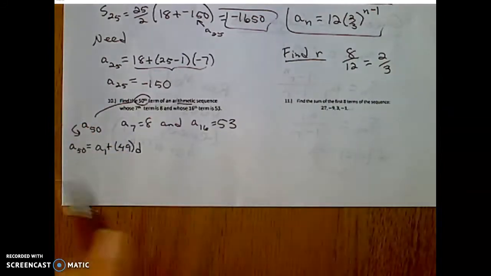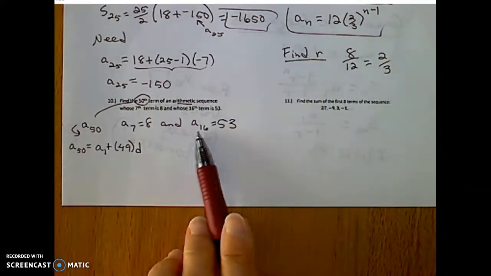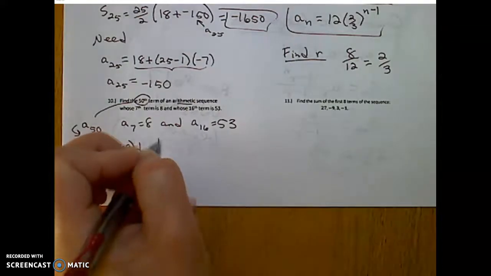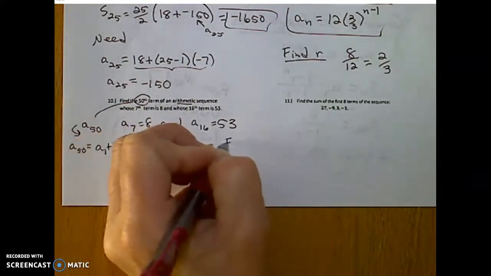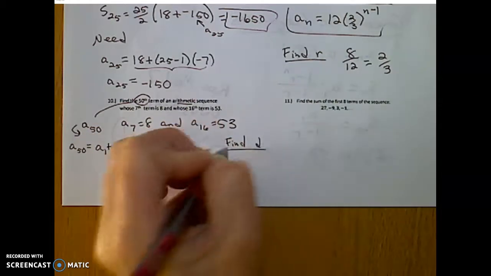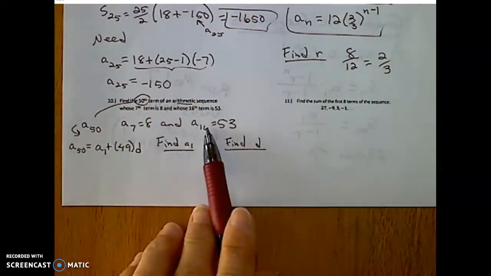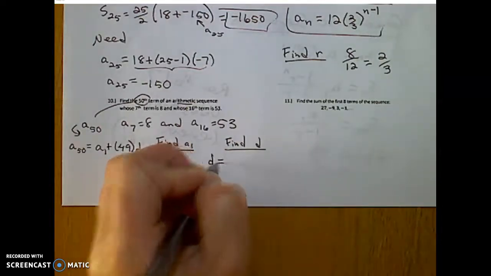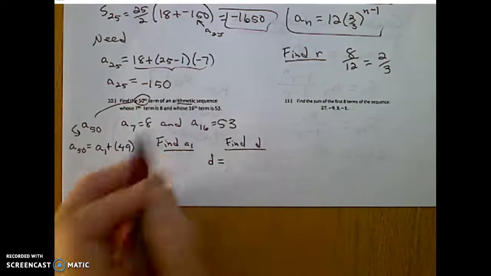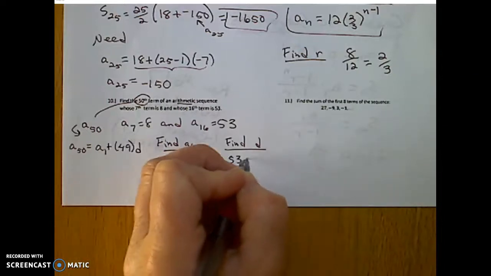Please notice in this case I don't know a sub 1 and I don't know the common difference. So I have some work to do here. Using these two terms, I can find the common difference first. The difference between those two terms is 53 minus 8.